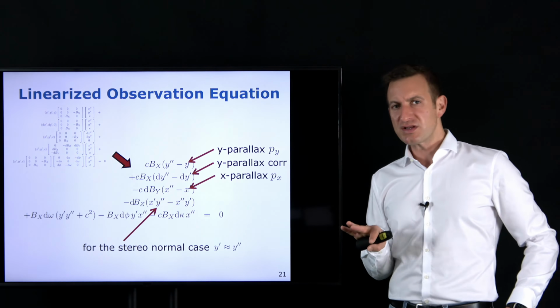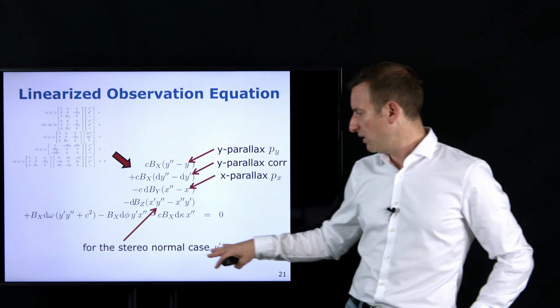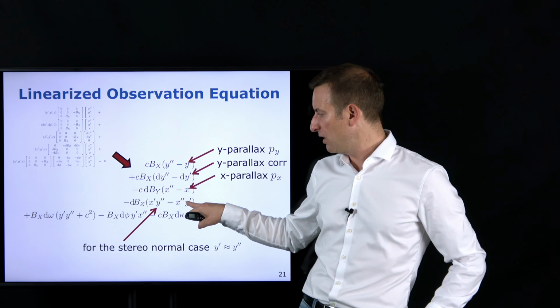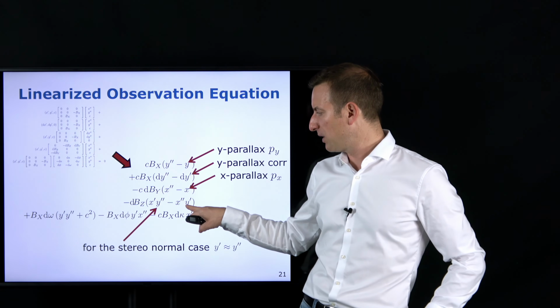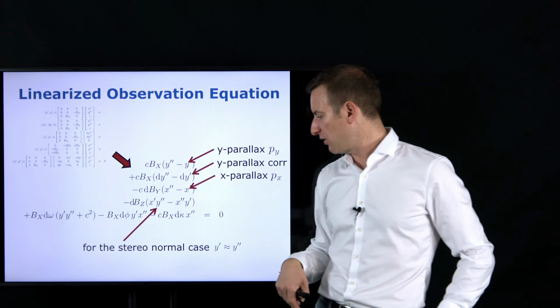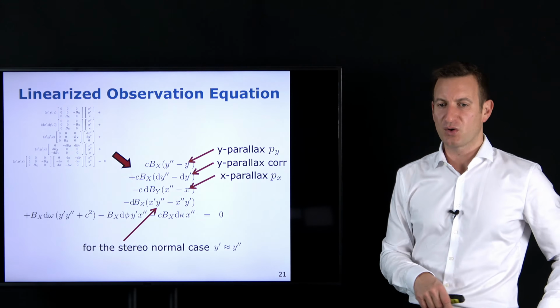Again, this is an approximation, but if we want to make it, we can replace y double prime by y prime, and then, because this is the same term, I can put it out of the bracket, and this simplifies our equations a little bit.